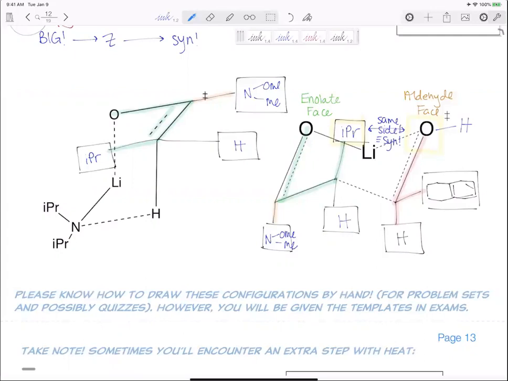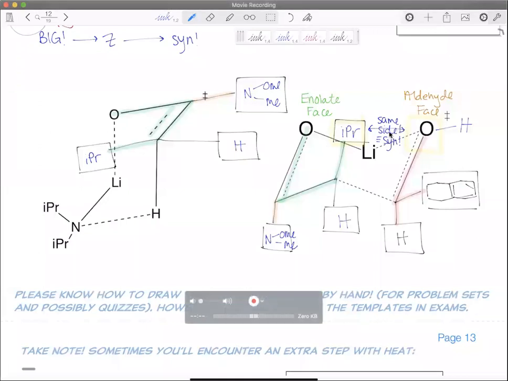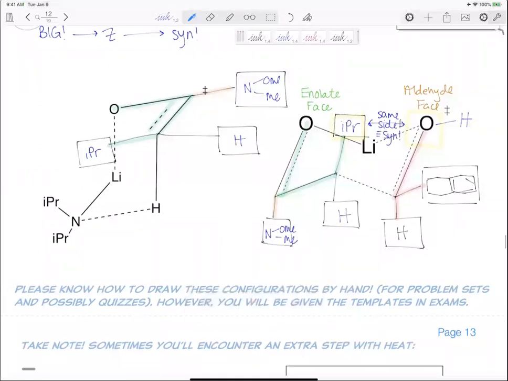I'm not leaving anyone behind for this. So if you guys are good, then I will move on. So that being said, please know how to draw these configurations by hand. If you don't know, I will put up a template on my website and you can download them. And if you ever need to use them for quizzes, you can just trace over it, okay? Does this sound good to you guys?